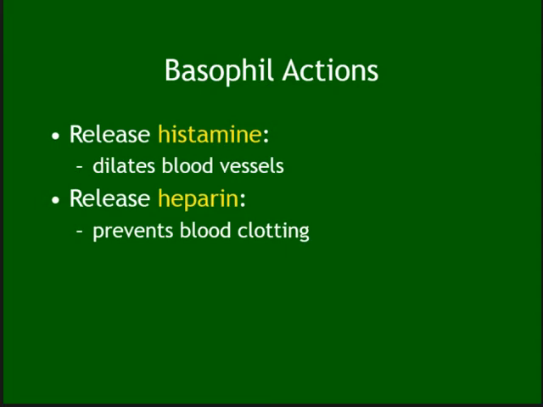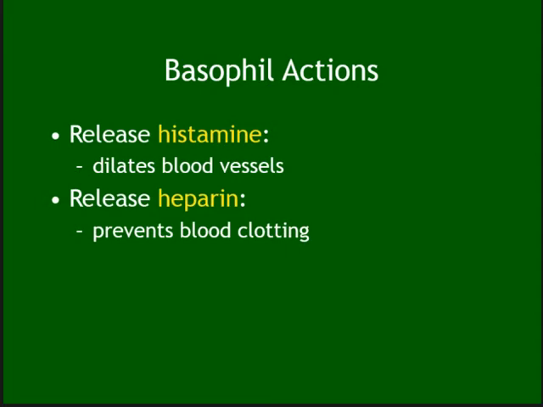All right? How about heparin? Why did you secrete heparin? Because not only did I want to dilate the blood vessels to bring more blood, but I also wanted to avoid any blood clot that stopped the blood from coming to me, right? What's the aim of all of this? I need more help. So the basophils are helping bring more blood. How?